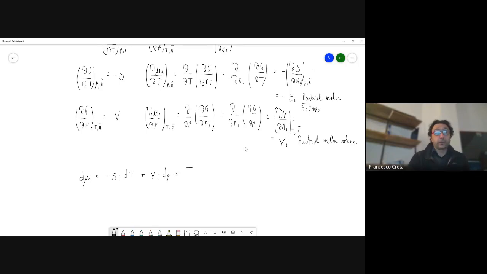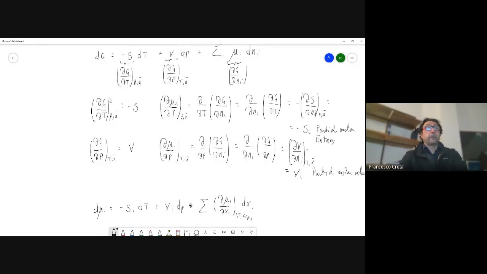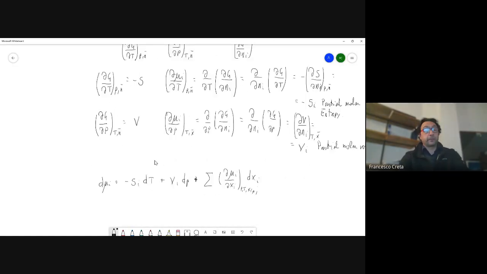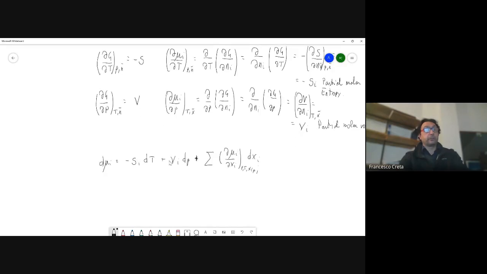And this, sorry, is a plus, and we'll keep this as d mu I by dx I, times dxi. Now this is in a way very similar to what we wrote before for the Gibbs energy. The Gibbs energy had a minus entropy, volume, and mu I. Now you have essentially partial molar quantities here.